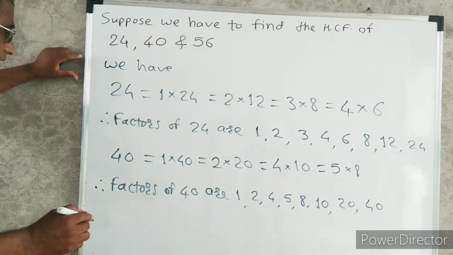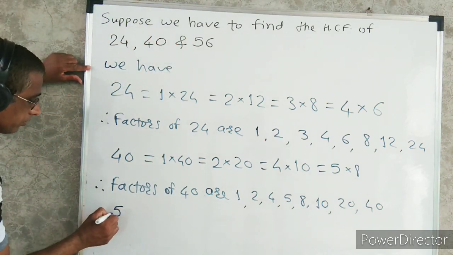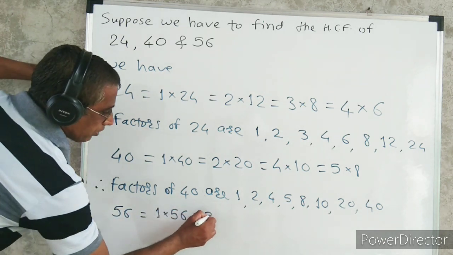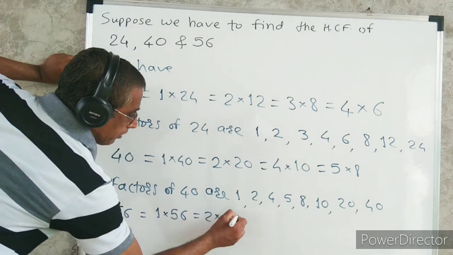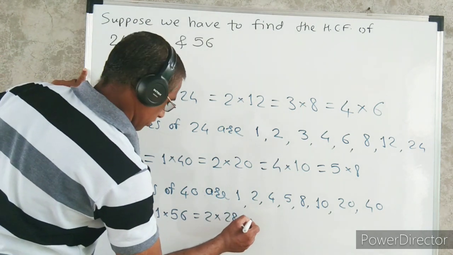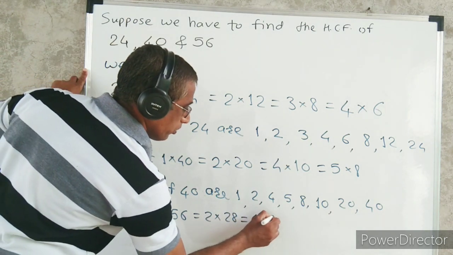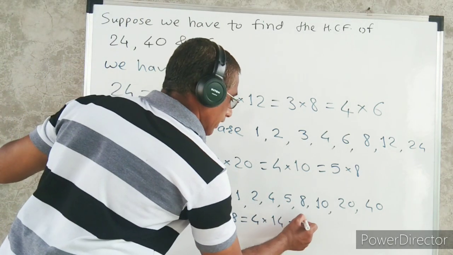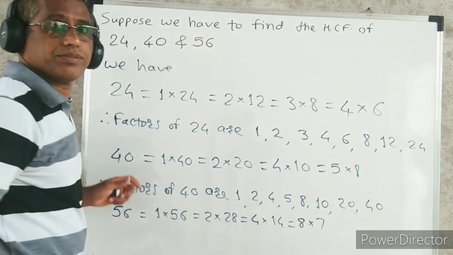Now 56. 1 into 56, or 2 into 28, or 4 into 14, or 8 into 7.